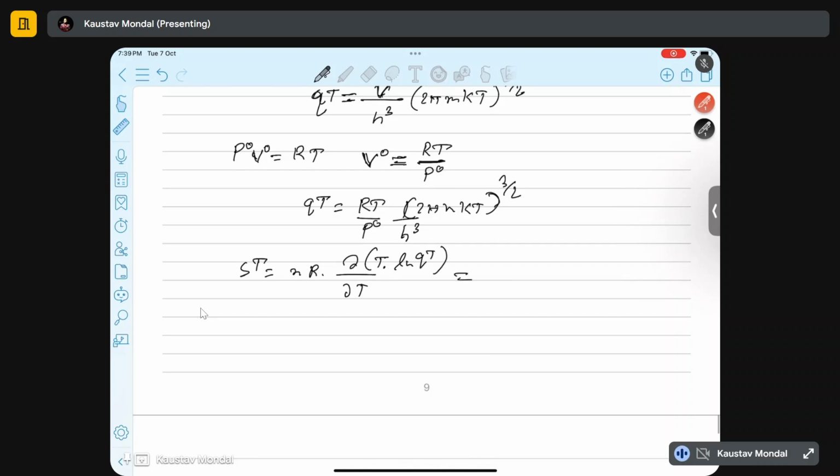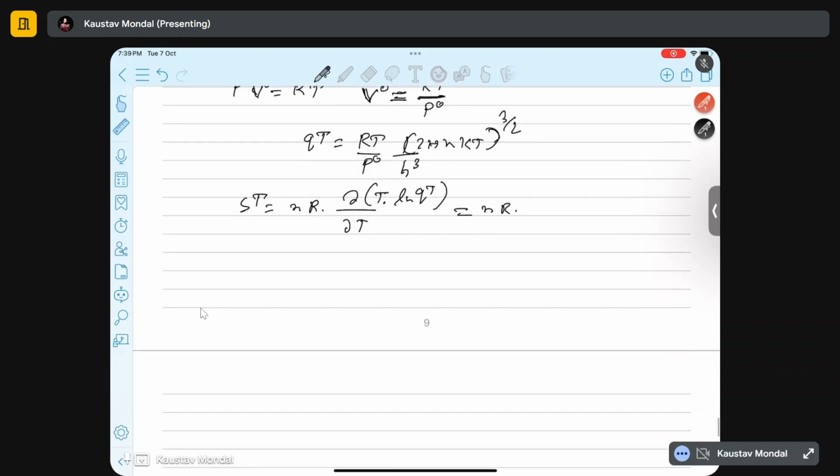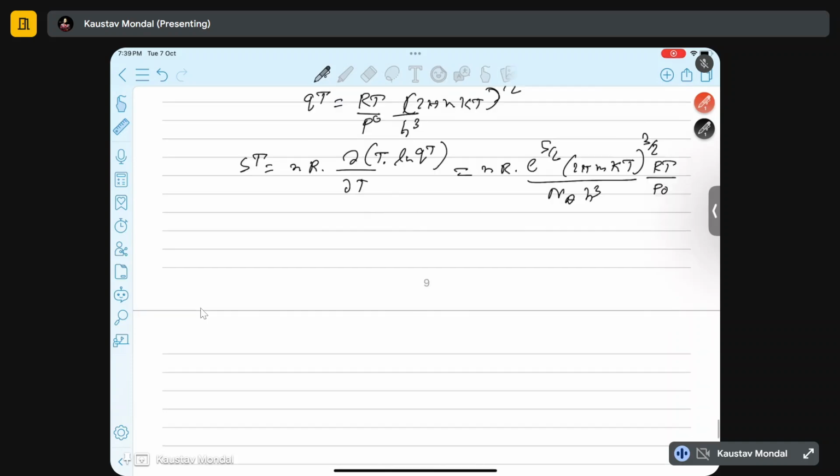If you do that, it will give you NR into the power 5 by 2 into 2 pi m kT by h squared to the power 3 by 2 into RT by P0, whole thing divided by Na by h cube. This is the expression of ST.